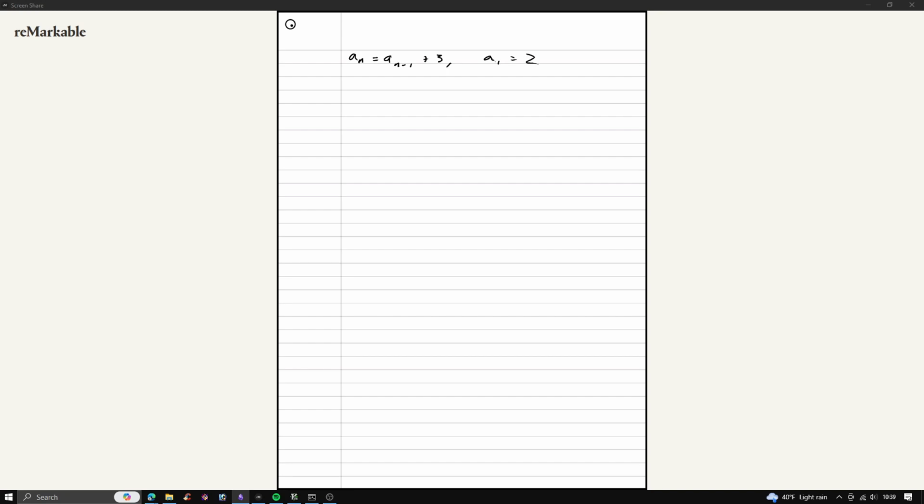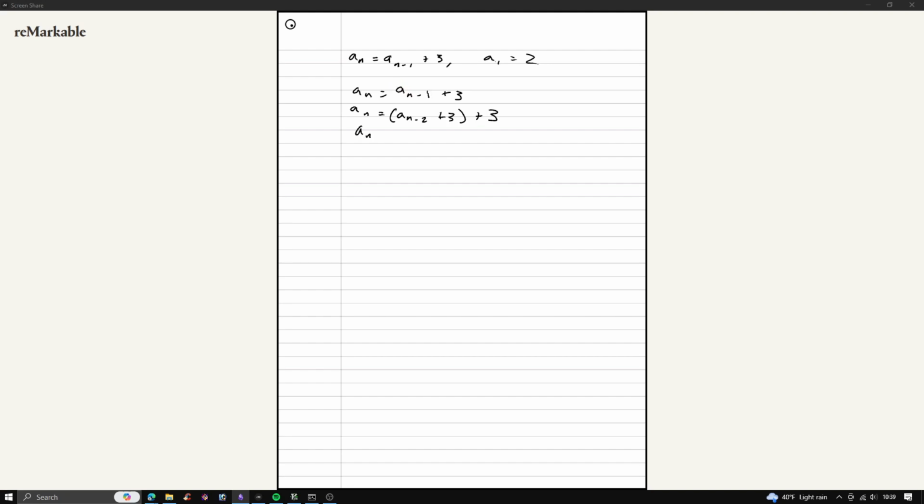We know that a of n is equal to a of n minus 1 plus 3, and we know that a of n minus 1 is a of n minus 2 plus 3. And we add the plus 3 on because we're expanding this out, right?